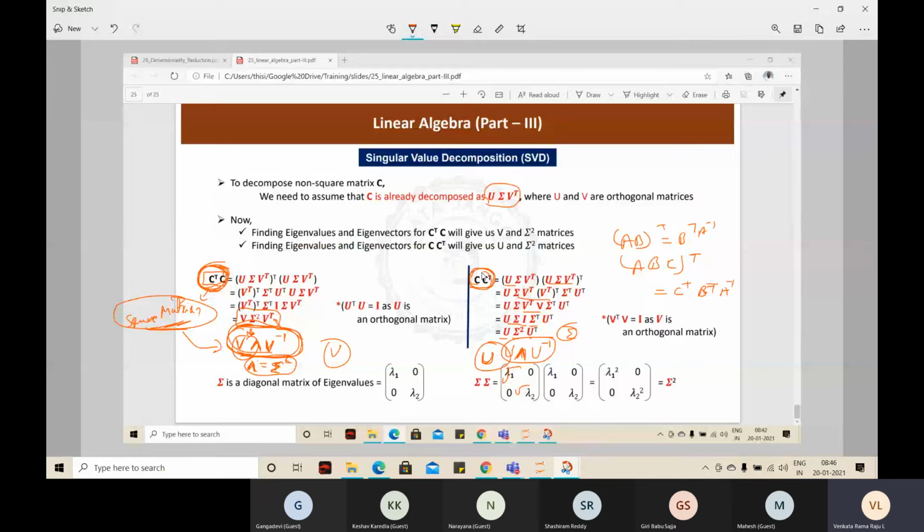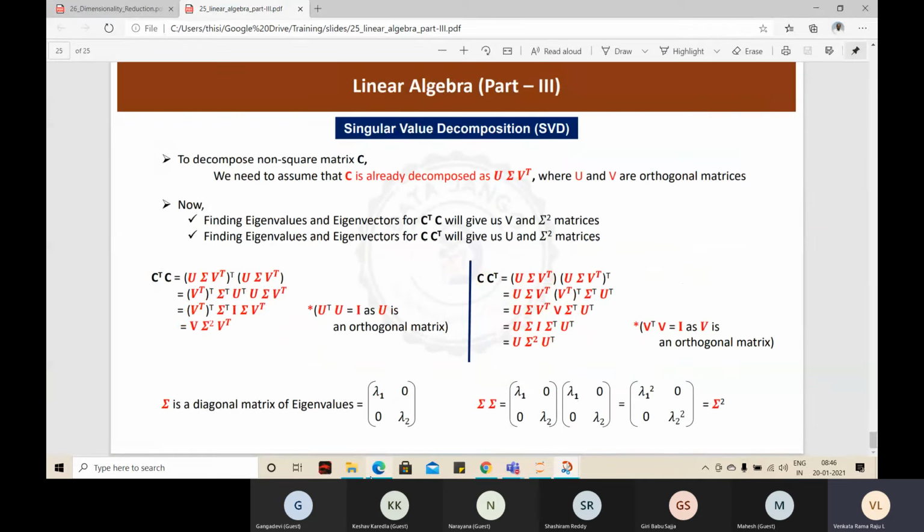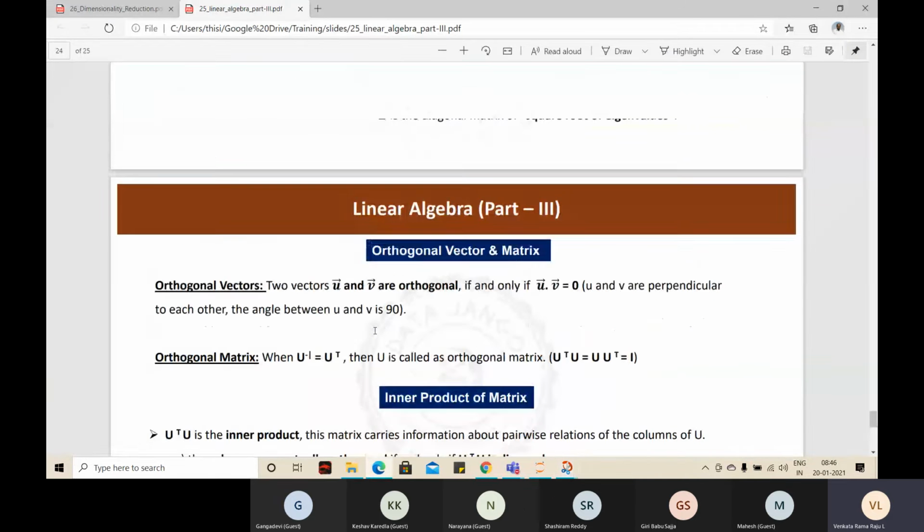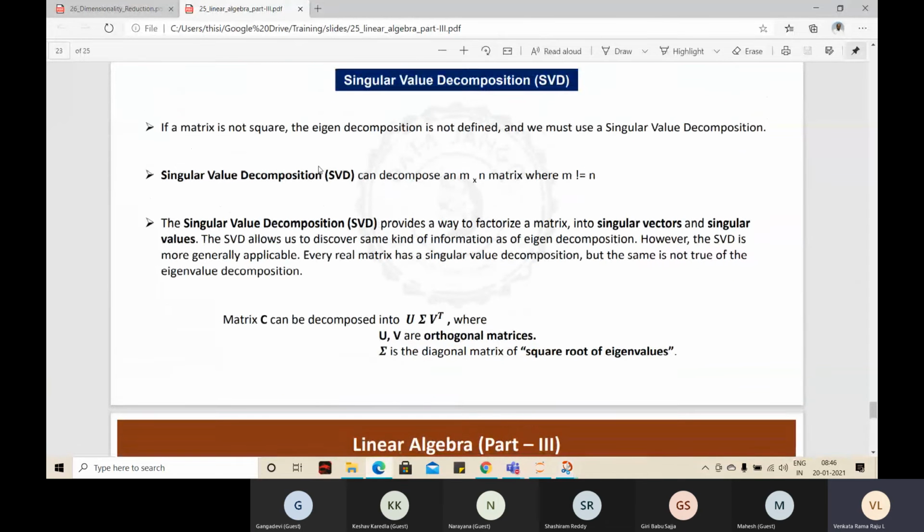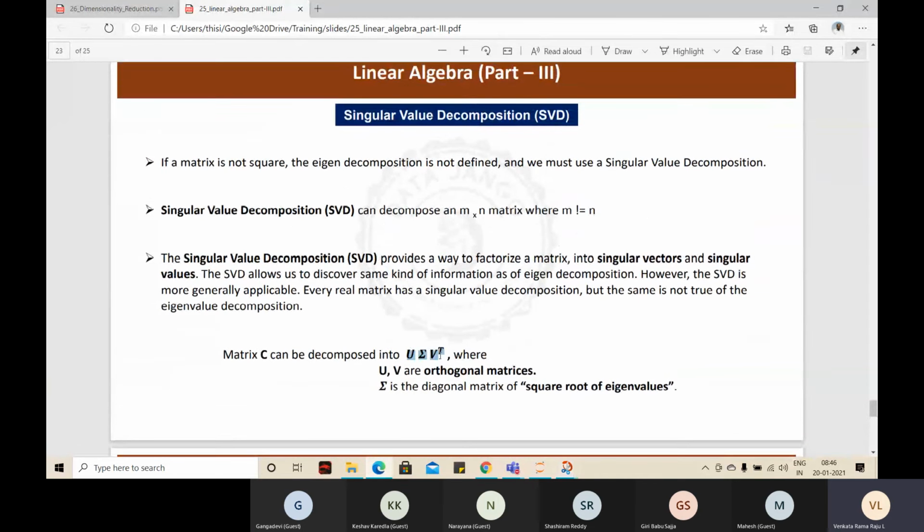Let me recap a little bit. Our goal is to decompose a rectangular matrix C into U sigma V transpose, where U and V are orthogonal matrices.